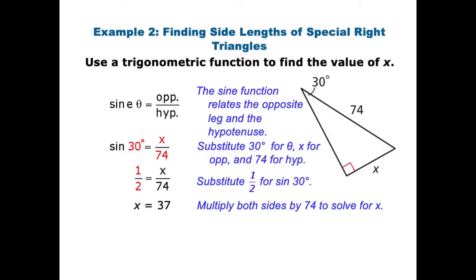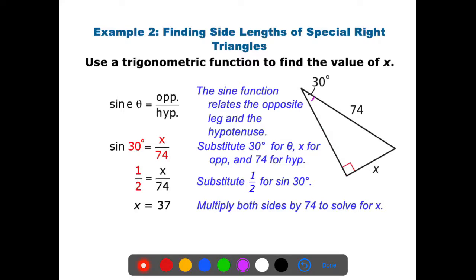So, an example, use a trigonometric function to find the value of x. So here we used sine of theta, and then right here you plug in 30 for your theta, and then you would put x over 74 because that is your opposite over your hypotenuse.